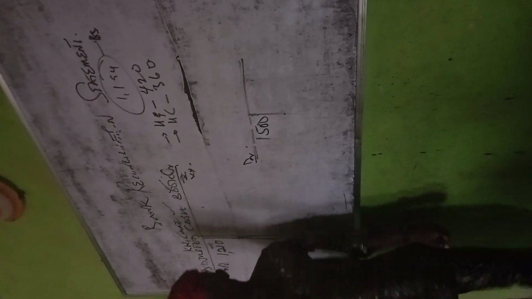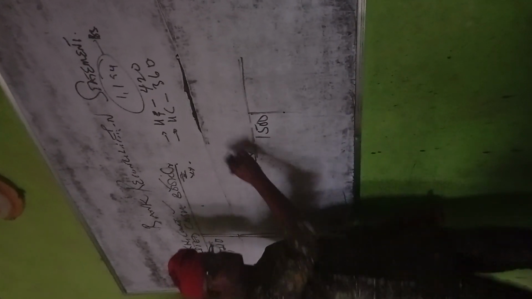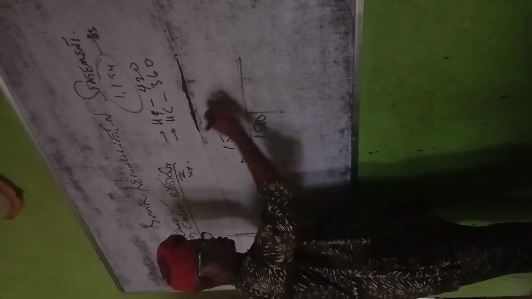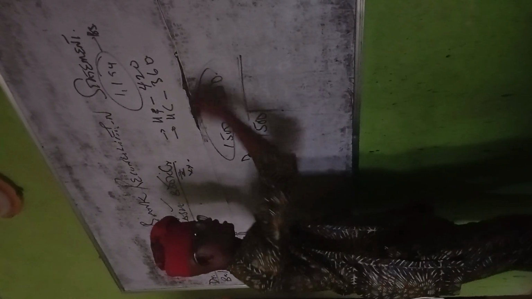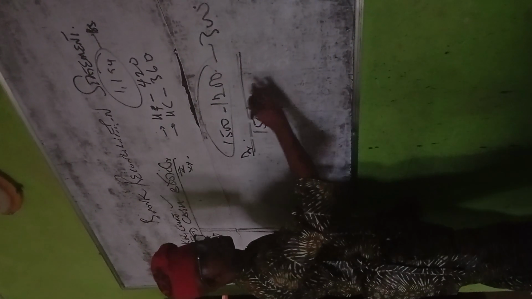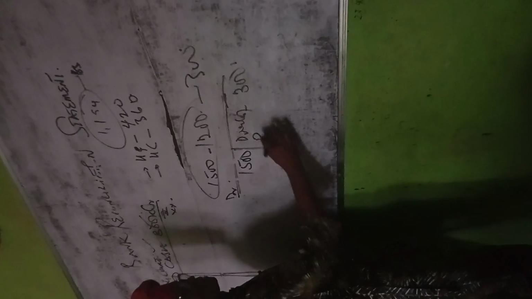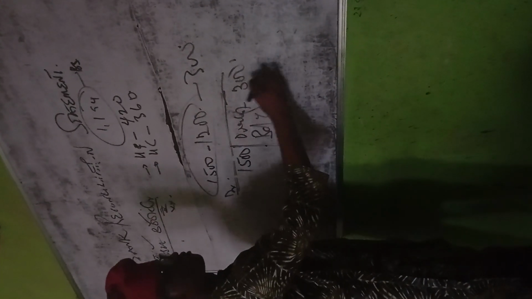The difference, 1,500 minus 1,200, is 300. I will now come here and put the 300 as overcast. At the end of the day, you have a new balance of 1,200, and you have a new balance b/d of 1,200.